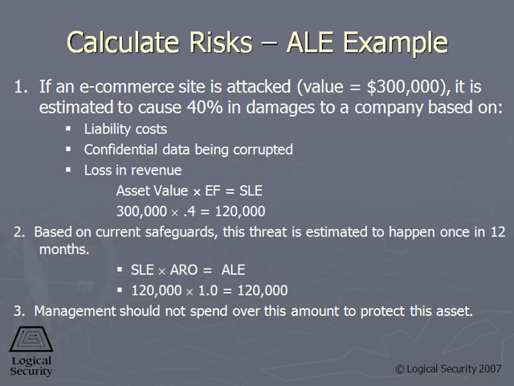And if we think it's going to take place once, then it's 1.0, and our ALE is $120,000. So what this means is, for this specific vulnerability, we're not going to spend over $120,000 to protect against it. We're not going to spend $300,000 because we don't even have that potential loss. Again, that's how it helps us set our budget for the type of controls that we need to put in place.